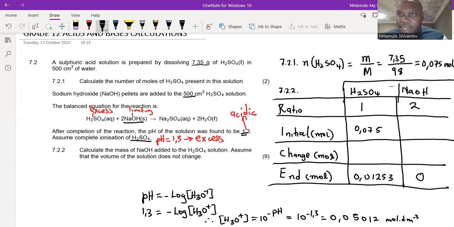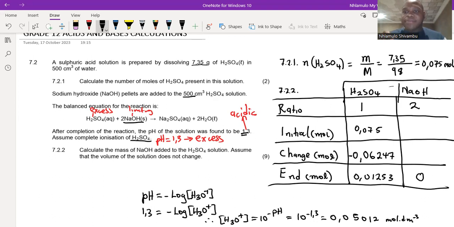So how do we get the change there? We subtract these two values. When we subtract 0,01253 from 0,075, the change will be 0,06247. That is the change.